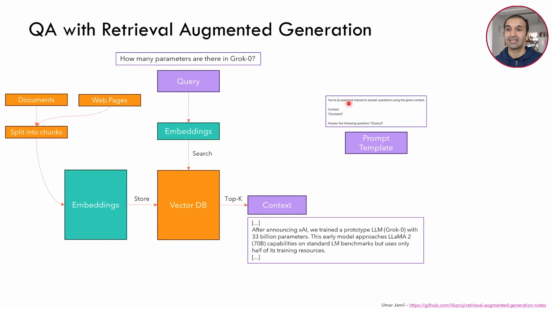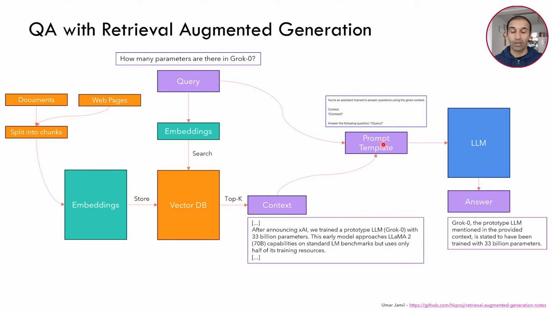So: you are an assistant trained to answer questions using the given context. We paste the context and the query inside of the prompt template, and just like before, we feed it to the language model. And then the language model will be able to answer our question by using the context provided.